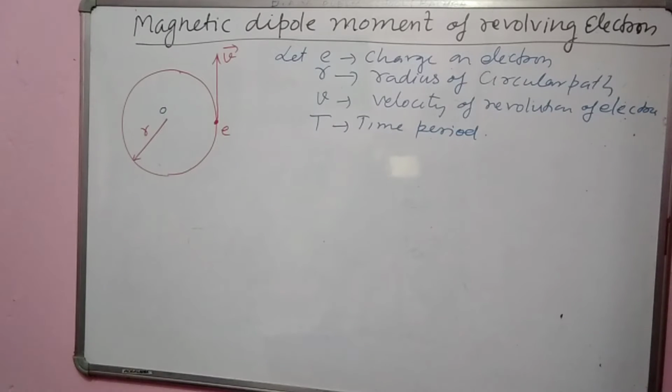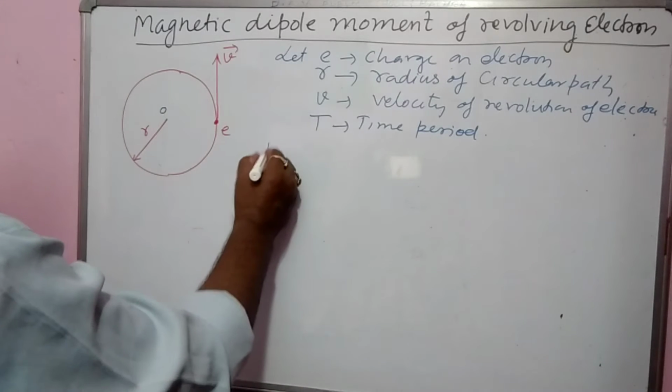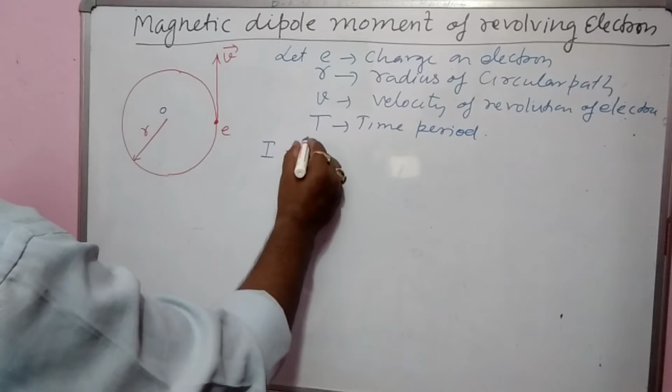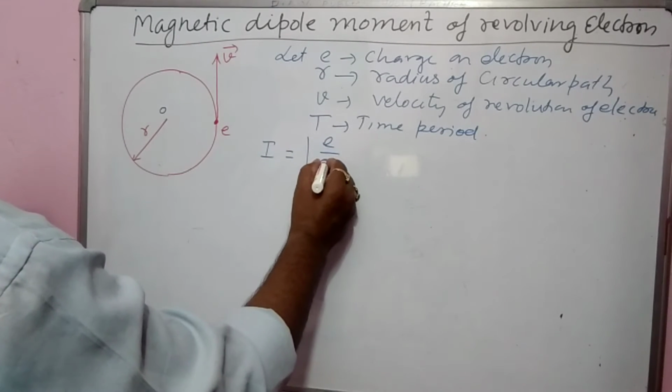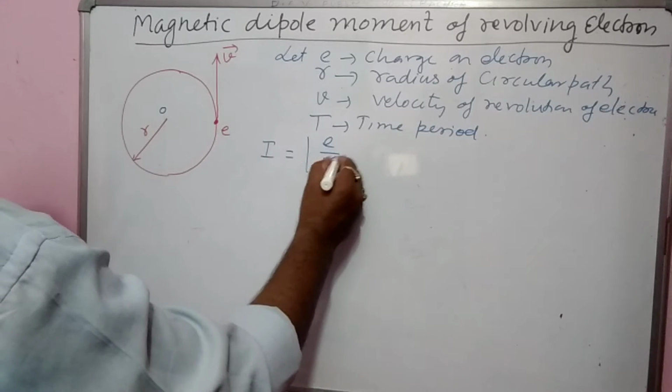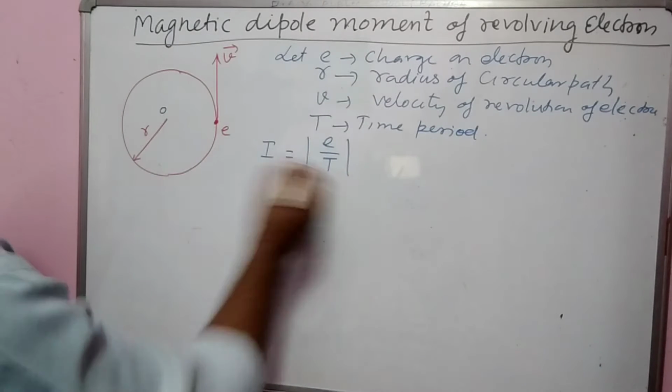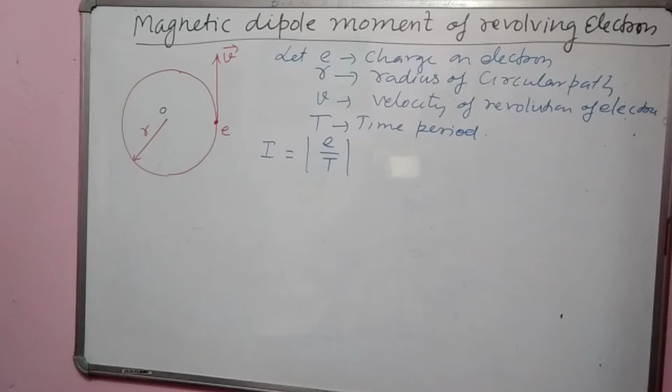As we know that when electron is moving, it constitutes current. So what amount of current will be constituted? In one complete revolution, I is equal to e by T, where e is the charge on the electron and T is the time period of the electron.